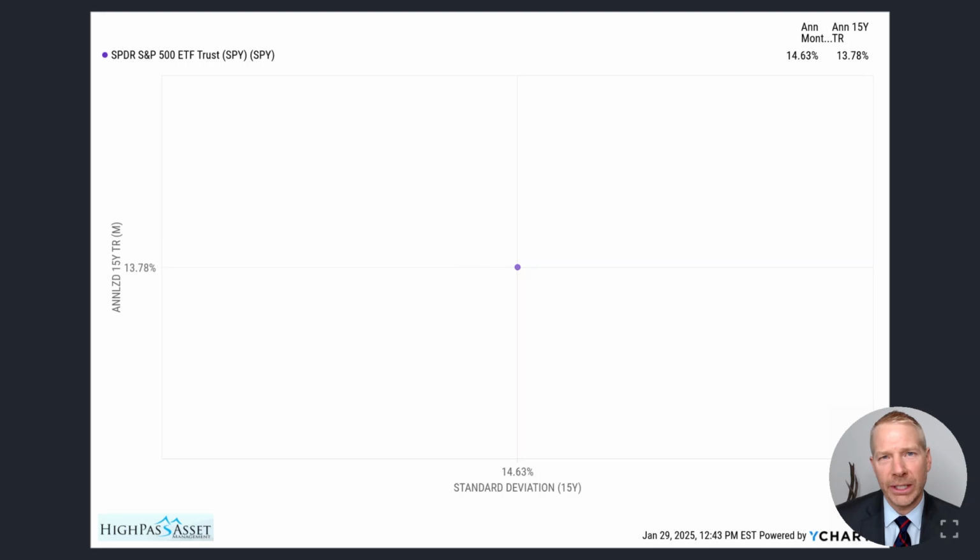As I said earlier, the last century of standard deviation for annual returns for the S&P 500 and its predecessor index is 19.6, call it 20, a good bit higher than what we see here. And again, that's because of the Great Depression volatility, the 1970s, the early 2000s, etc. The last 15 years haven't been all that volatile. I would also moderate down the return. I don't think we're going to see 13.78 over the next 15 years.